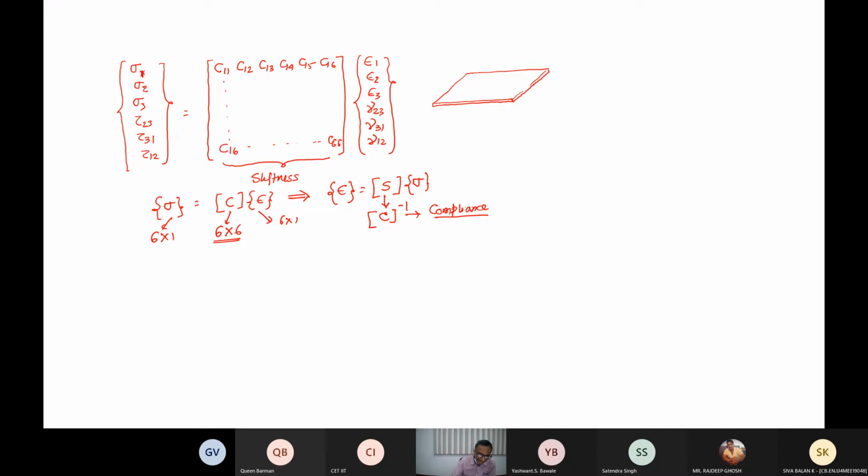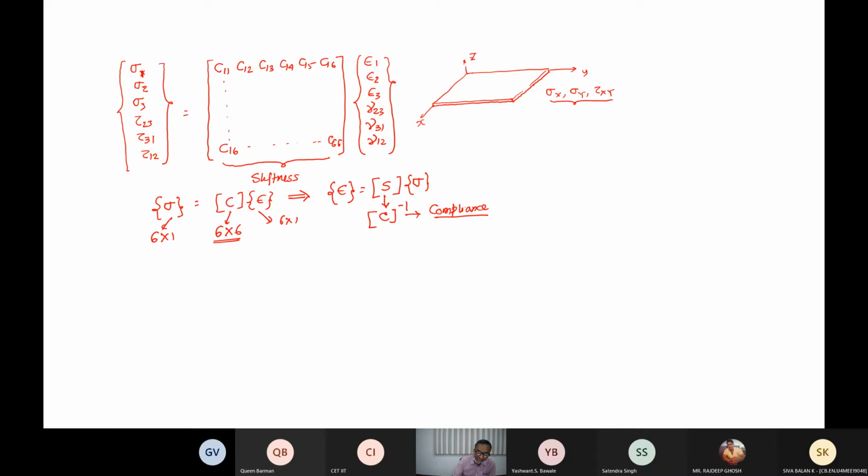So suppose this is your x, and this is z. The thickness is very, very small compared to its lateral dimension. And then it is subjected to only in-plane load. That means it is subjected to sigma x, sigma y, tau xy.